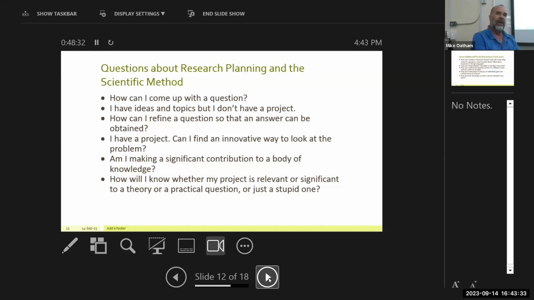If it's a novel method, an innovative method, then it's much more likely to be published in a prestigious journal. Okay? So that's why people like to use new methods to answer questions and problems and so on.